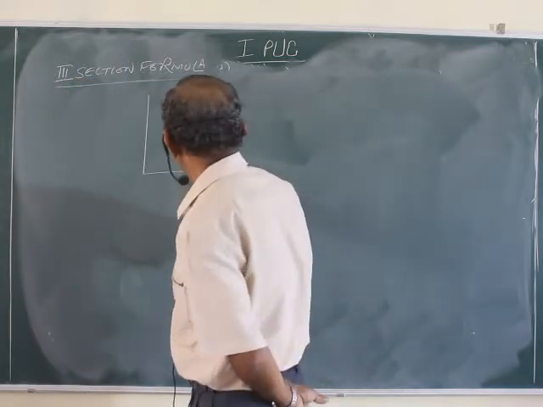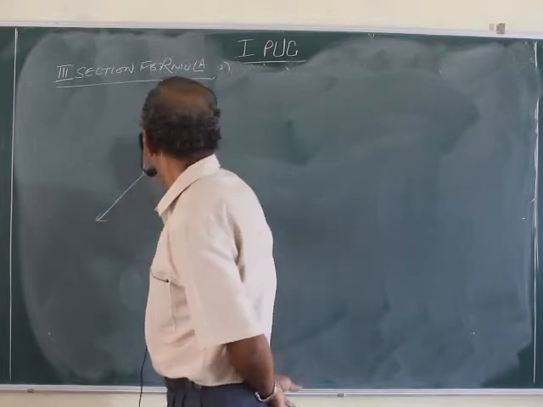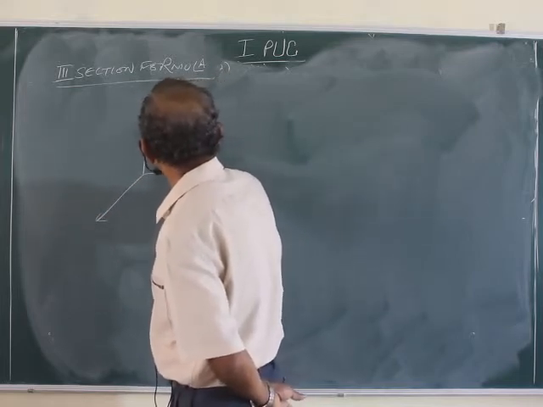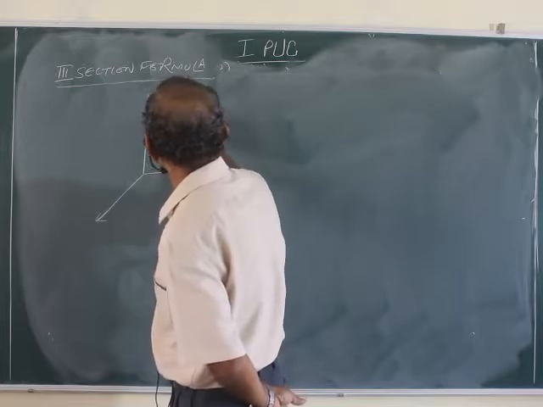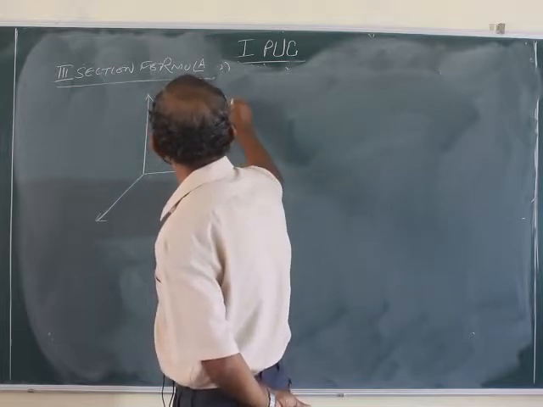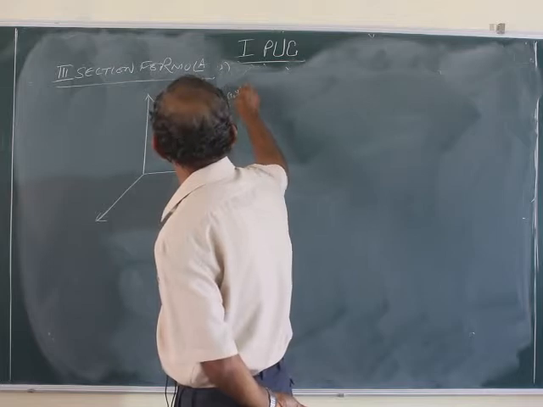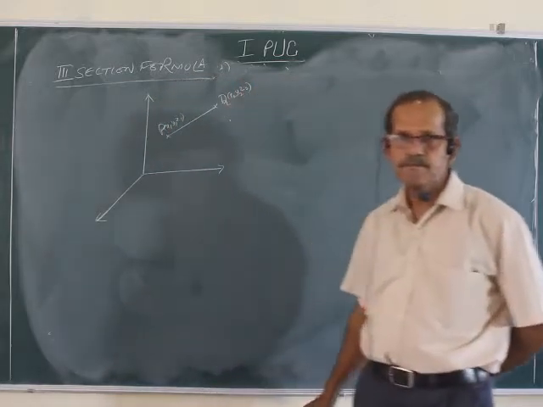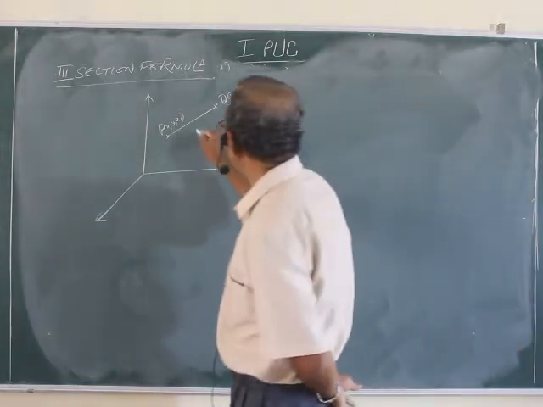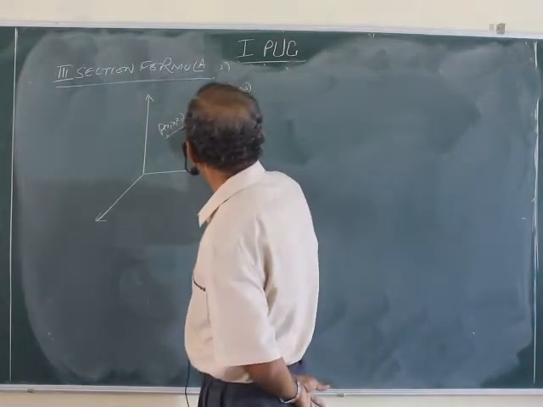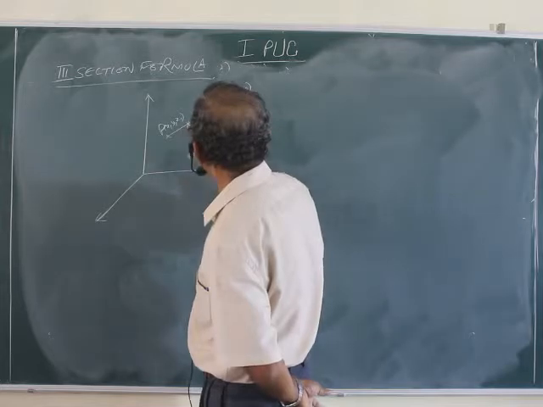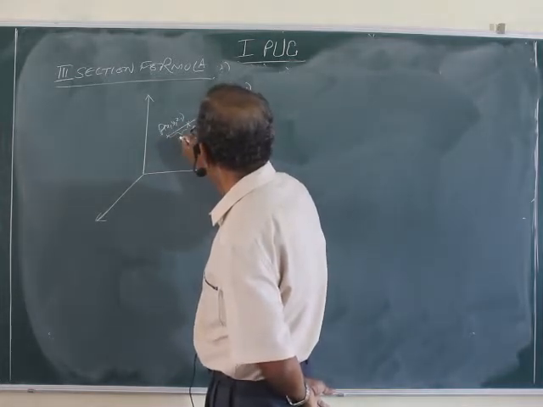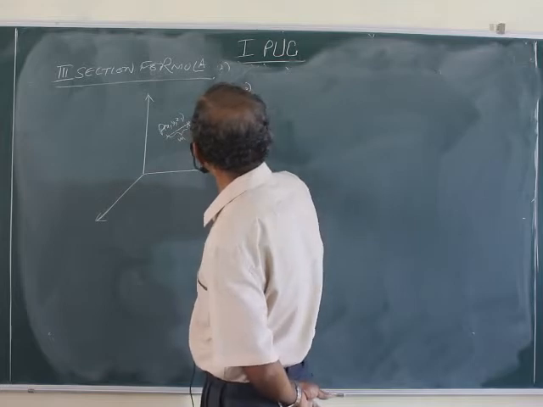Section formula means, given 2 points x1, y1, z1, x2, y2, z2, find a point R (x, y, z) such that R divides PQ internally in the ratio m:n.